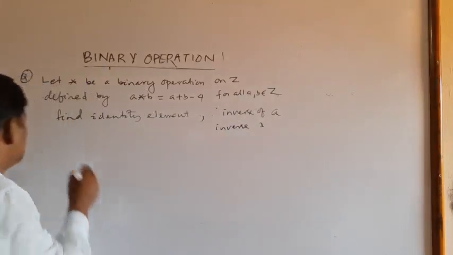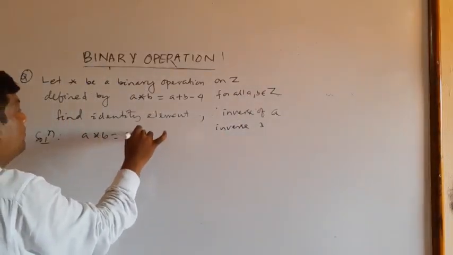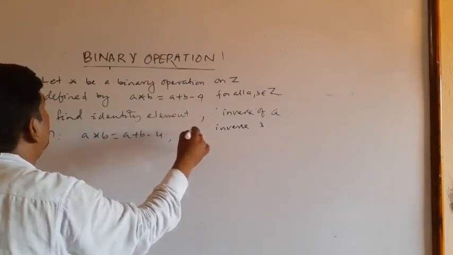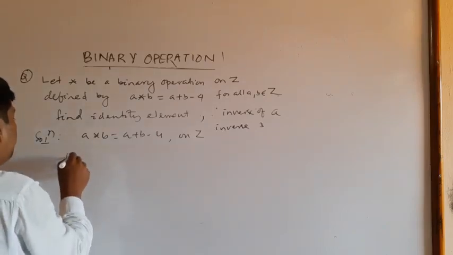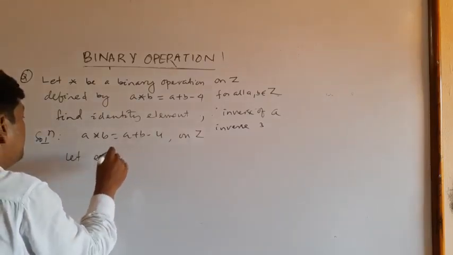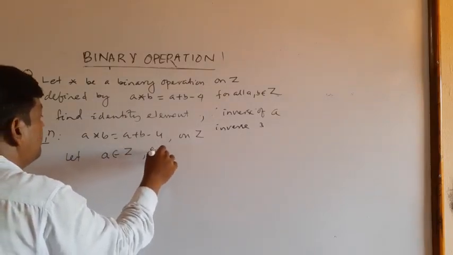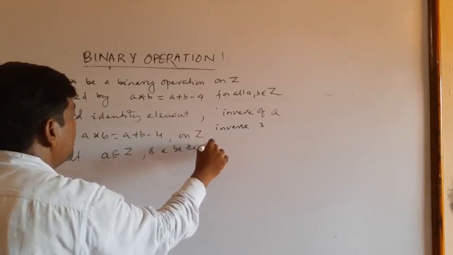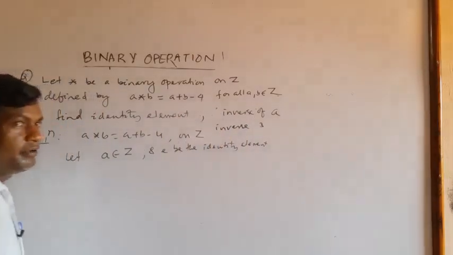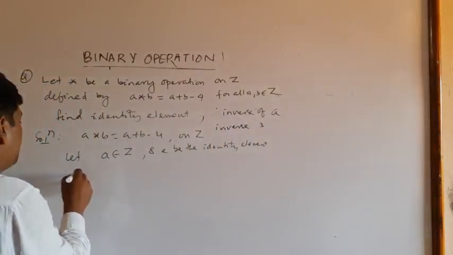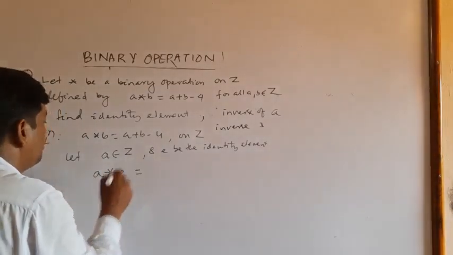Now solution. a star b is equal to a plus b minus 4 on Z. Let a belong to Z and e be the identity element. By definition of identity element, a operation e is equal to a.